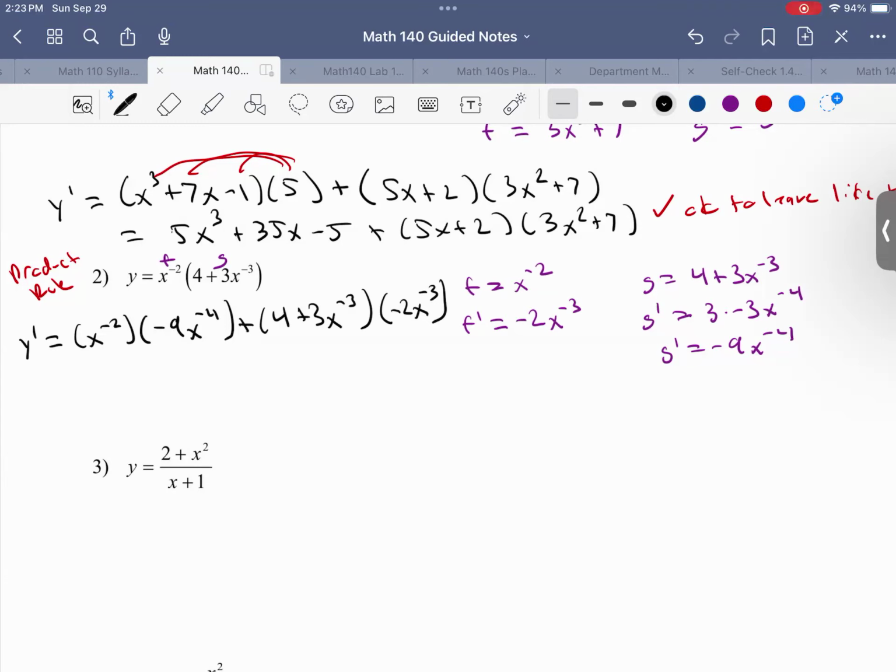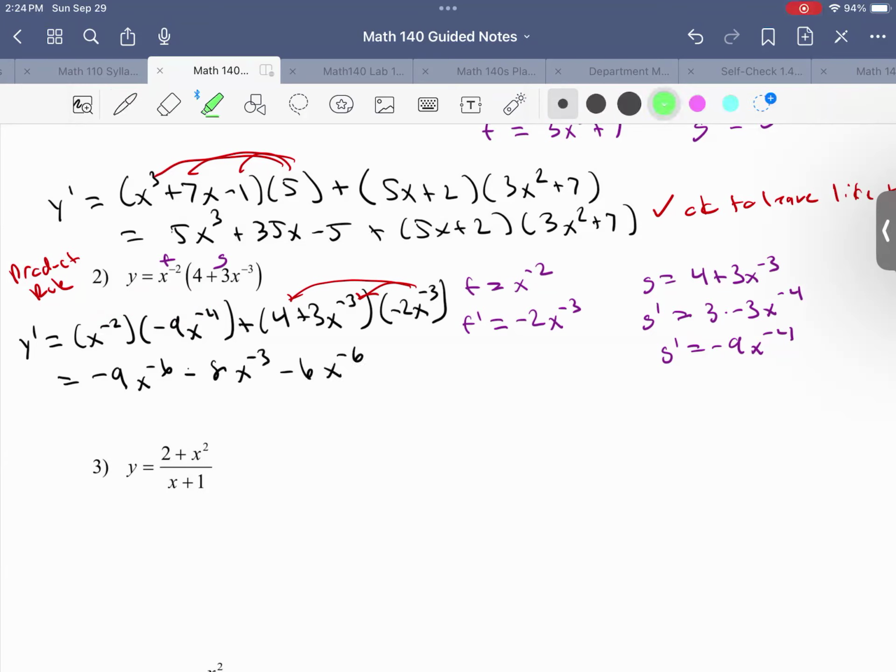All right, so you can simplify this out a bit. You can multiply that. So this would be negative 9x to the negative 6, right? Plus, you could distribute that in there, and you get minus 8x to the negative 3 minus 6x to the negative 6.